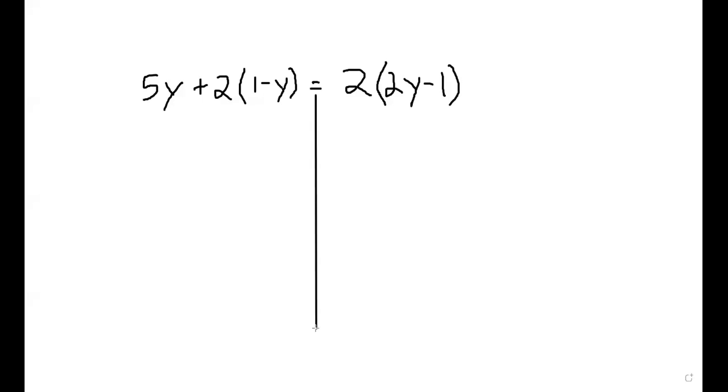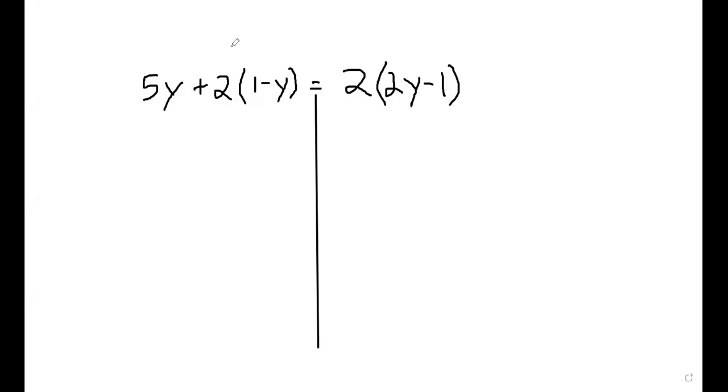So we'll draw our fence here. And that's step number 2. Step number 1, remember, is always copy down the equation, the problem, exactly as it is in your book or on the test. And then we'll draw our fence. And now I notice we have a couple of parentheses.